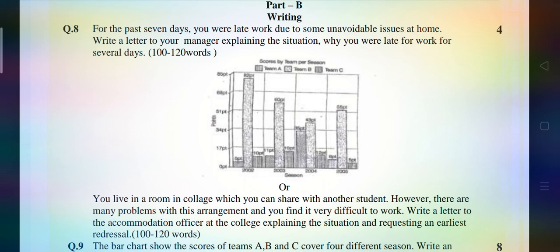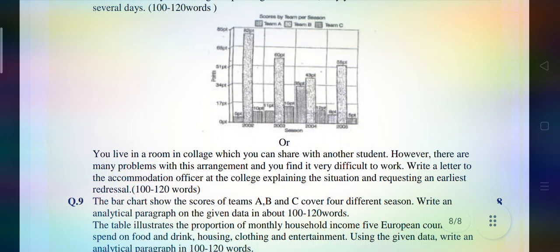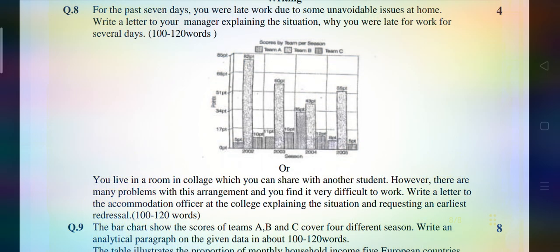You have to write a letter to your manager. This is a formal letter. So what is the format of a formal letter? You will go through the exact format and contents, thereafter complimentary note at last, and you will not exceed the limit of letter writing, maximum 100 to 120 words.